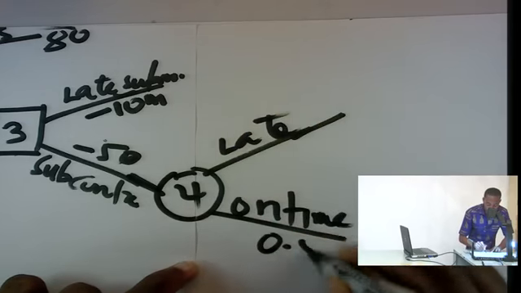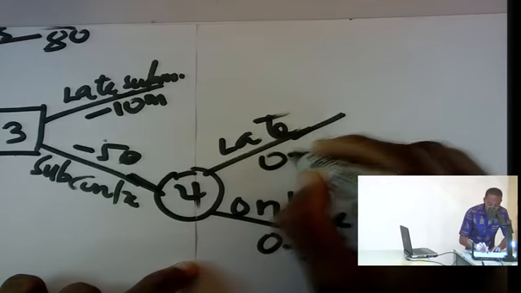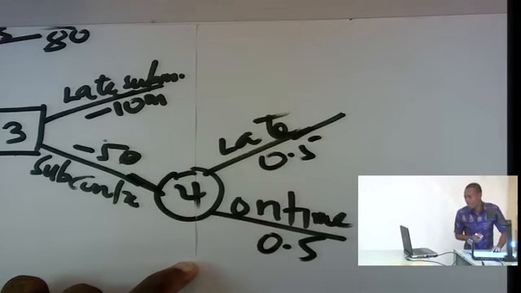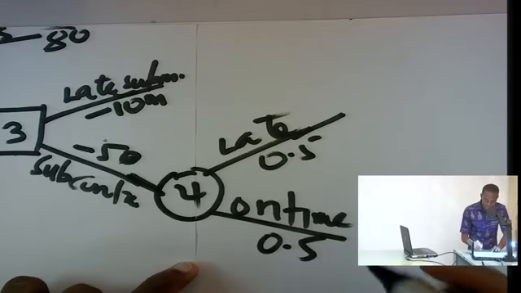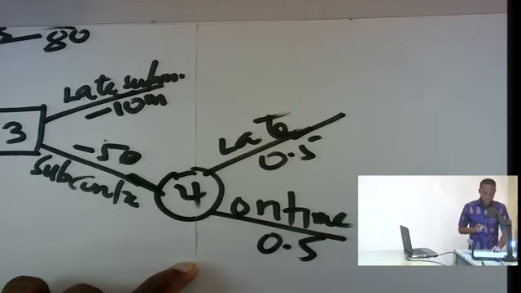And it's a 50-50 chance, so 0.5, 0.5. In this case, the subcontractor has to be paid 50 million regardless of whether he meets the deadline or not. So here we have been able to represent whatever information we have here.